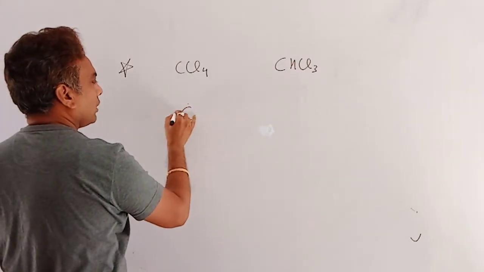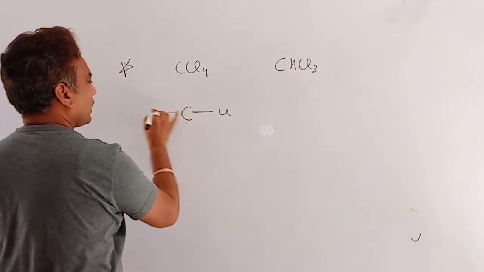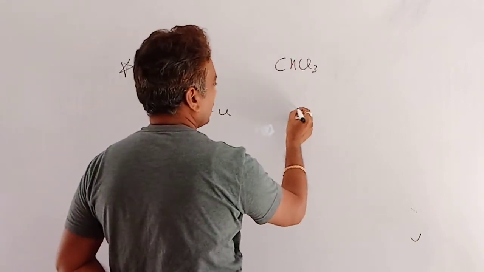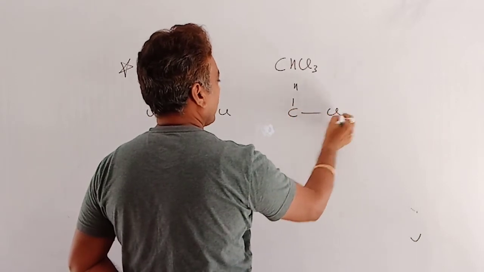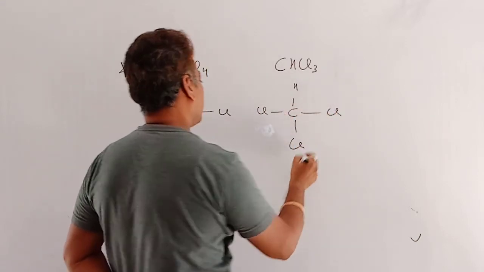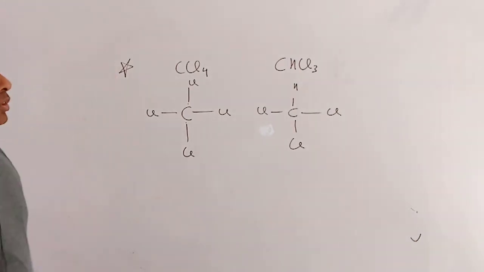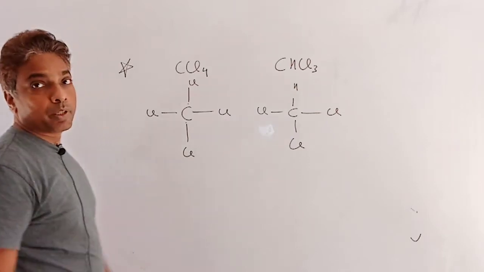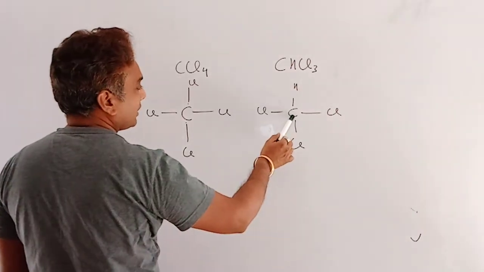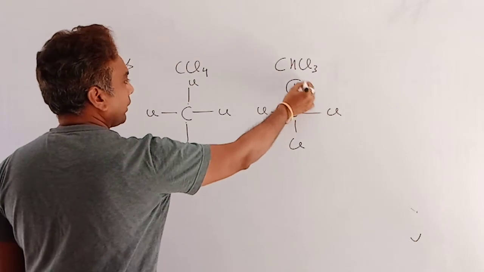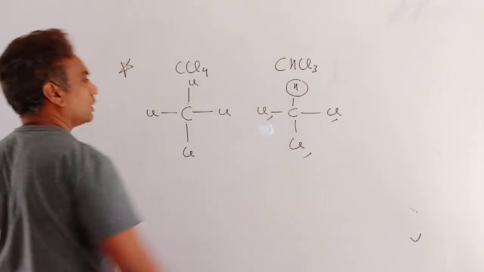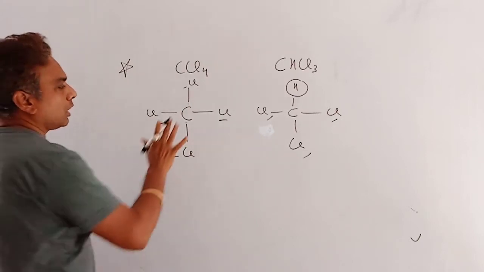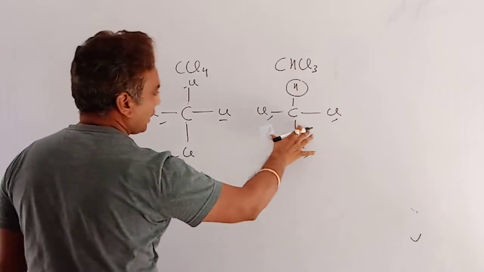So here is carbon, all four of carbon's electrons are shared with 4 chlorine atoms, and in case of chloroform, one is shared with hydrogen and the left 3 are shared with chlorine atoms. So both don't have any lone pair, but CHCl3 is unsymmetrical. In CCl4 all sites are associated with chlorine, so it is symmetrical, but CHCl3 is unsymmetrical.